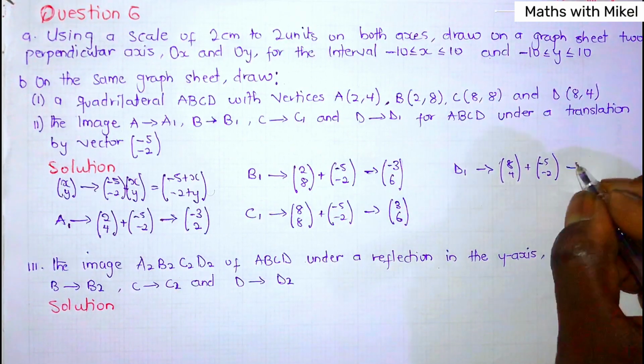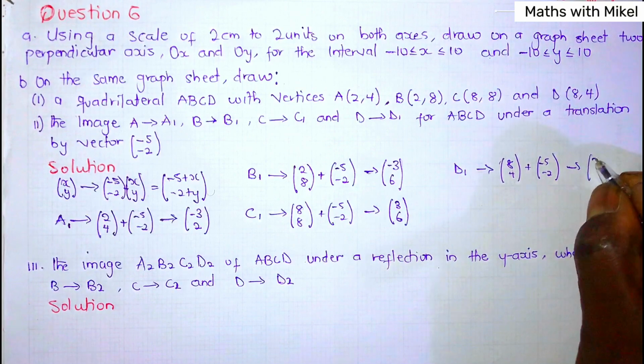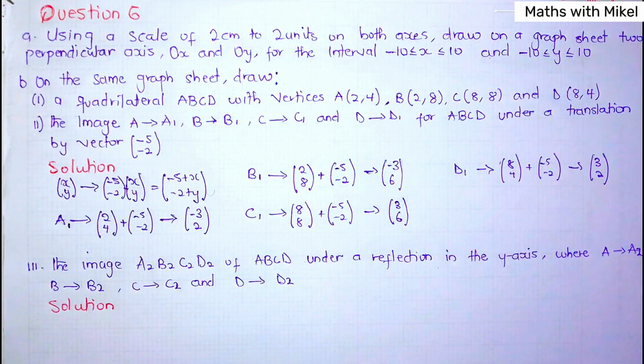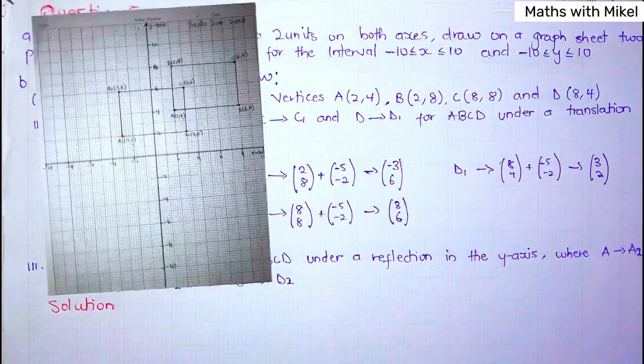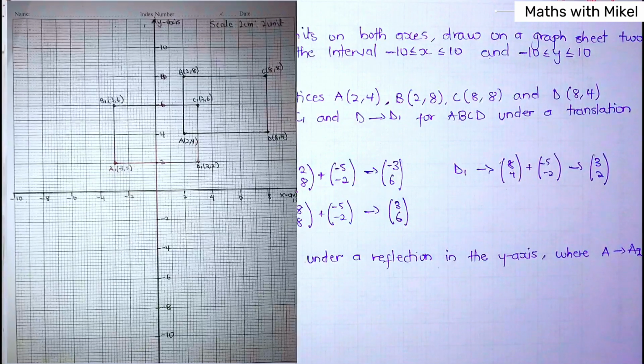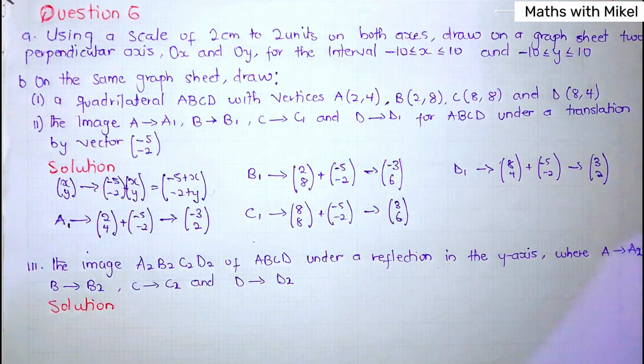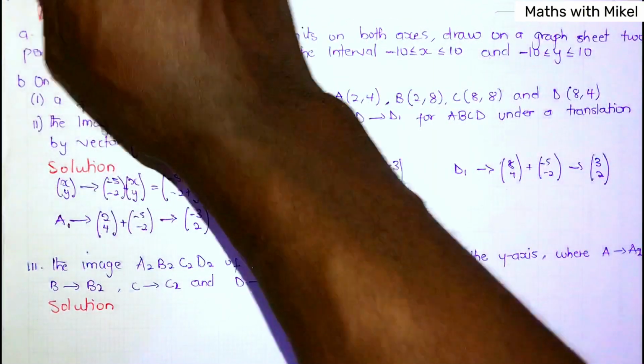And this gives us (3, 2). So we plot A1, B1, C1, D1 on our graph. And this is what we are getting. Get a nice rectangle there like that. Okay. So that's the BII.